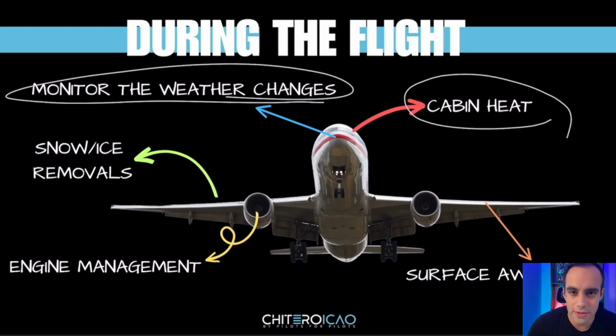We focus on the surfaces, the engines, the fluids, and the calculations, and everything's perfect. And then you forget to bring a coat, and you're flying a Seneca, you're flying a Baron. You're not going to be ready. The airplane might be ready, not you. And then you are flying, and it's extremely cold, and your hands are freezing. You cannot close your hands anymore, you can't breathe, and your mouth is shaking. You can't talk.